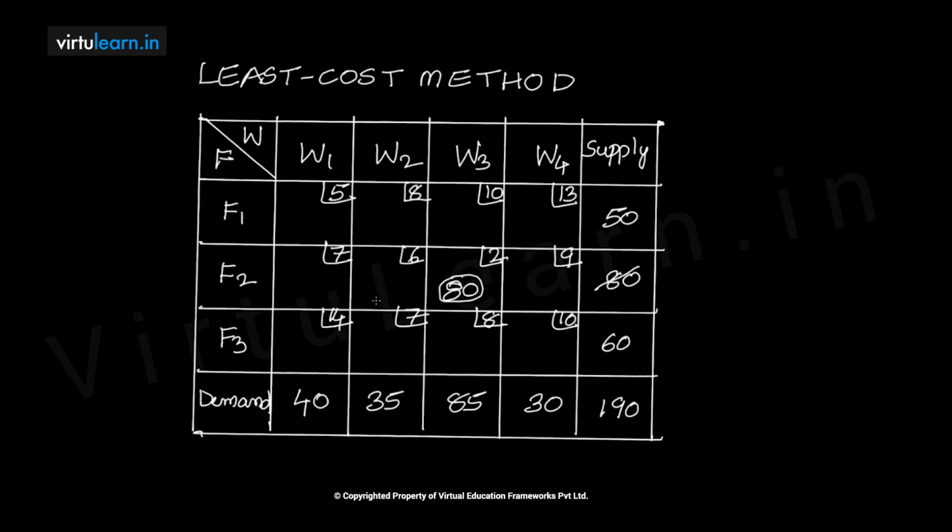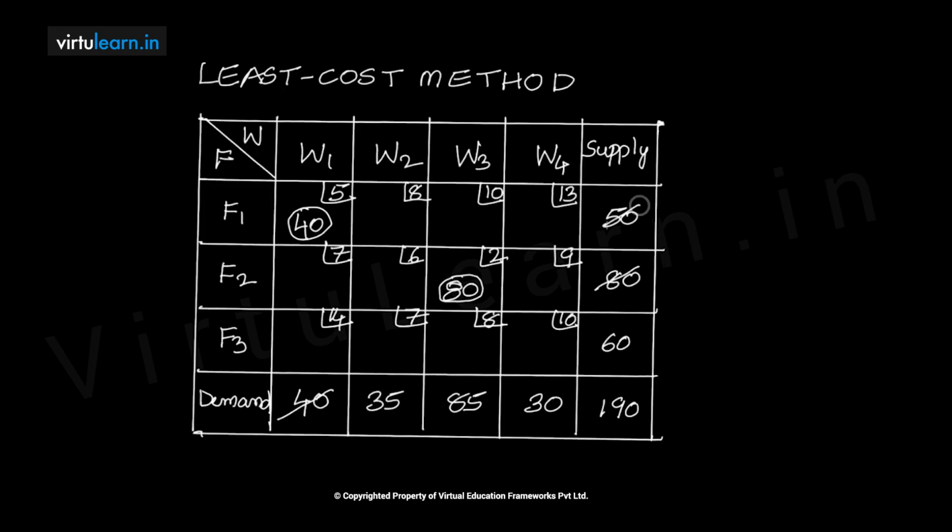Now we will see the next lowest cost. 2 is over, now 5 is the lowest cost. Corresponding to this cell we have a supply of 50 units, and the requirement is 40 units. So we can make an allocation of 40 units. These 40 units are satisfied, so we strike it off.